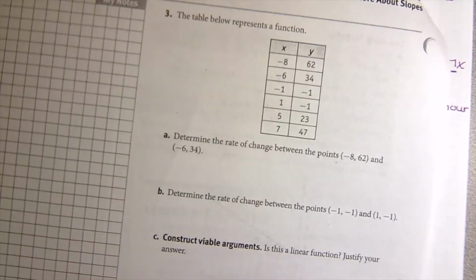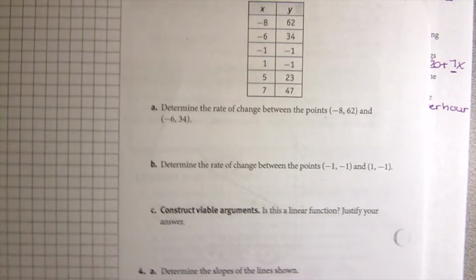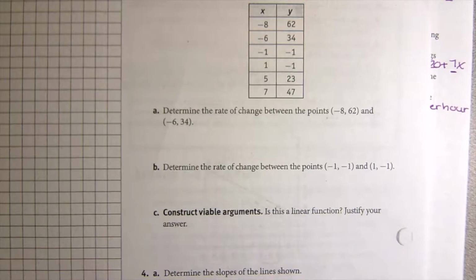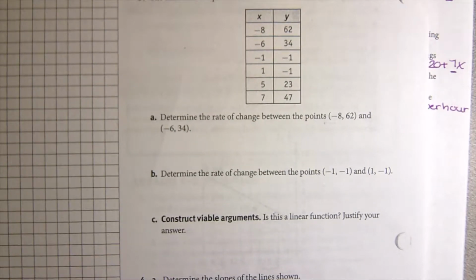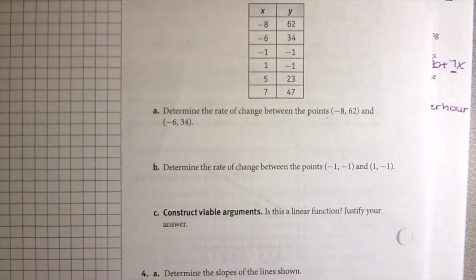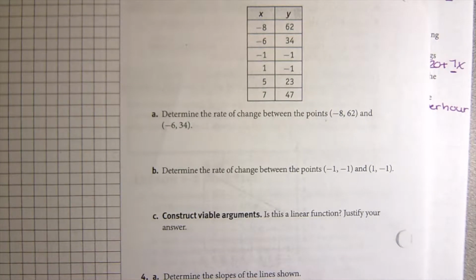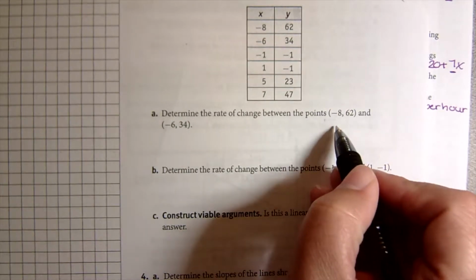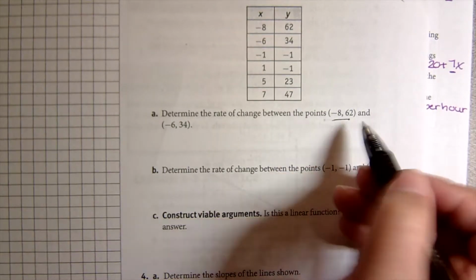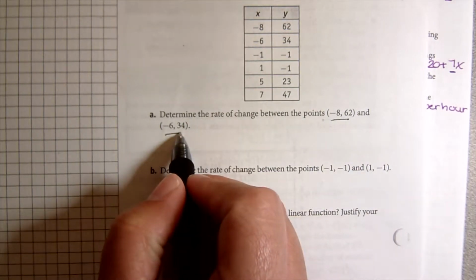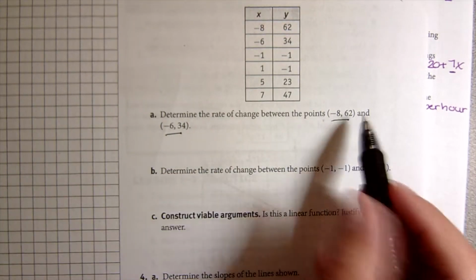So yesterday we kind of looked at one of the tables. There was a table yesterday that asked you to determine whether or not it had the same rate of change between points. So this one says, first they want us to determine the rate of change between negative 8, 62 and negative 6, 34. So we can do one of two things.